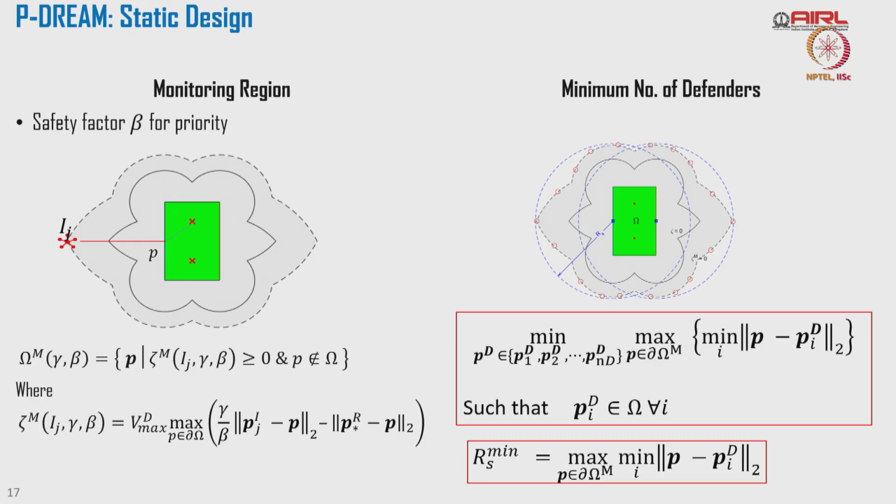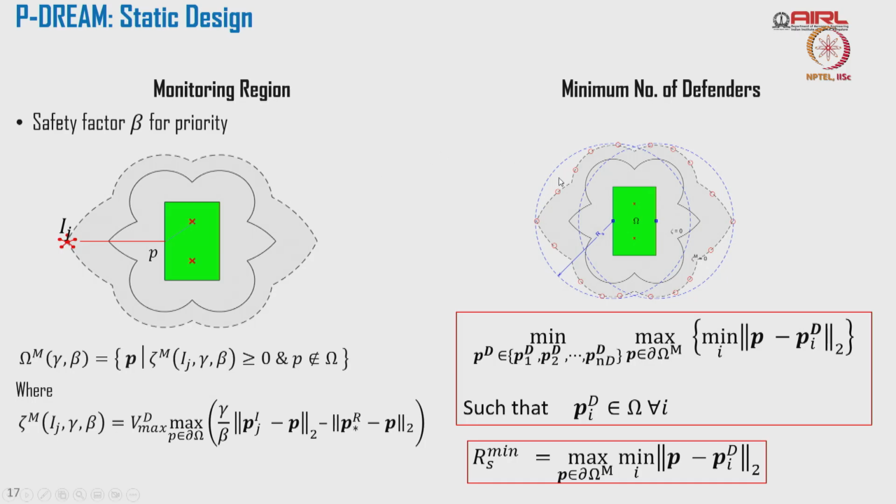We are talking about safety again. What is the safety distance I want to monitor, right. So omega m depends on gamma and beta. Beta is a safety factor, and I try to optimize this to find out what my region is going to be. Once I identify the region, I need to find out how many defenders I should use, right.